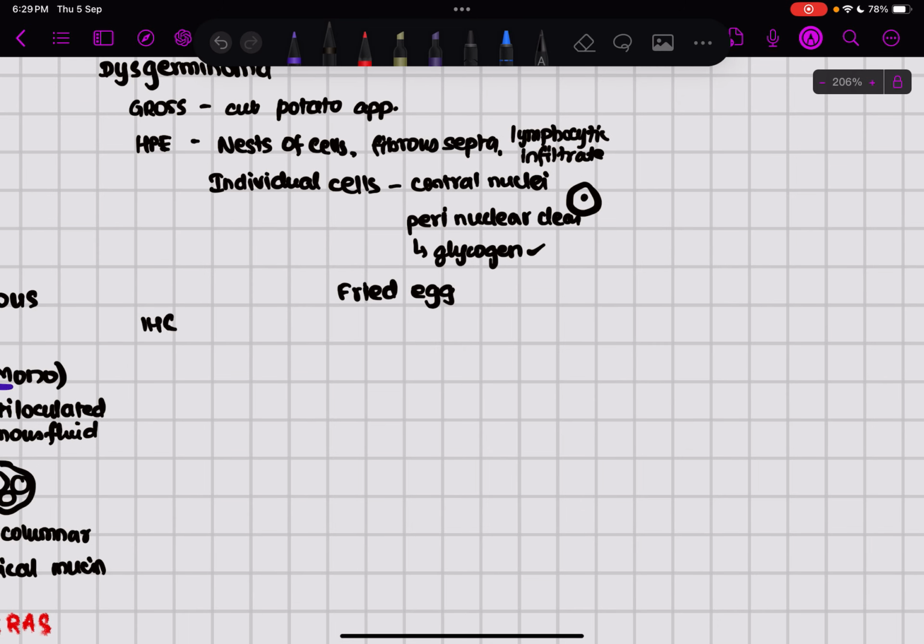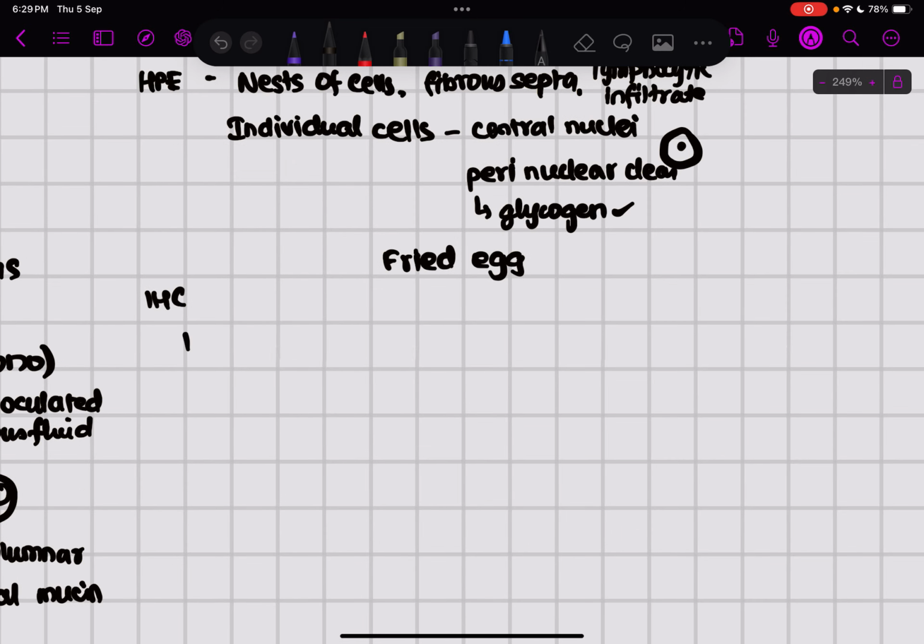Now going on to immunohistochemical markers, which are PLAP positive, lactate dehydrogenase LDH positive, HCG positive, but alpha fetoprotein negative.